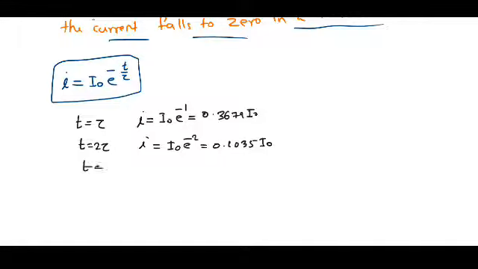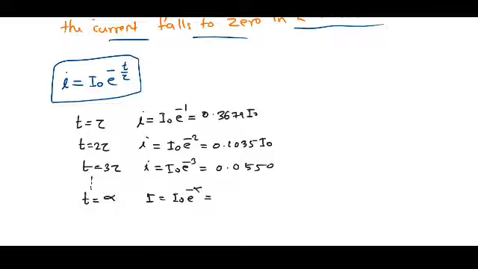When time t is equal to 3 tau, the current I will become I0 e power minus 3. Then again this value reduces to 0.0550 I0. And so on, if time t tends to infinity, I is equal to I0 e power minus infinity, that is I0 into 0, because e power minus infinity is equal to 0.